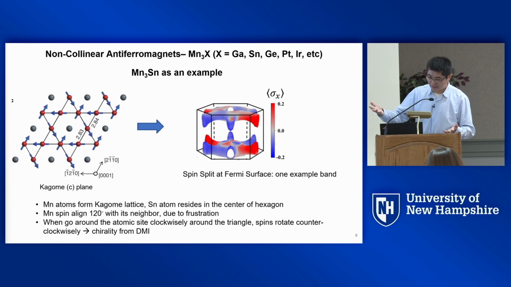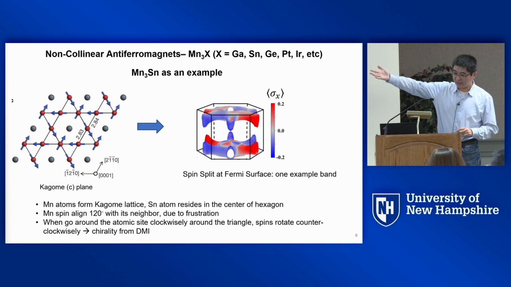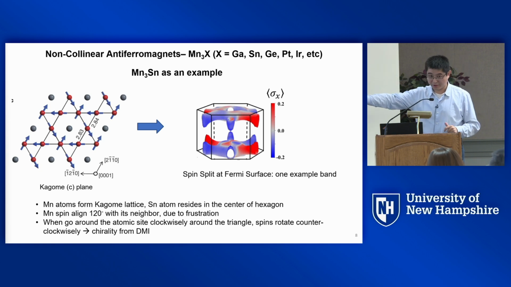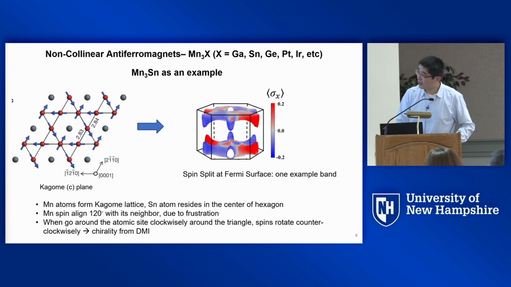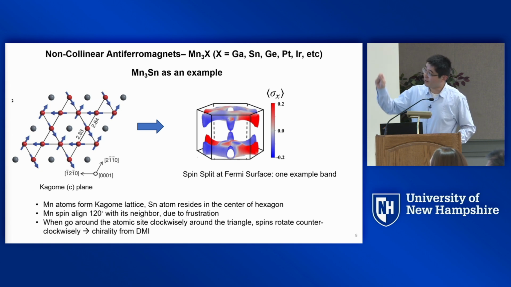So as has already been discussed yesterday, this is in this kind of Kagome lattice structure. So for this kind of Kagome magnet, the manganese atoms occupy those corners of the triangle, and at the same time the tin atom is occupying the center of each of the hexagon.